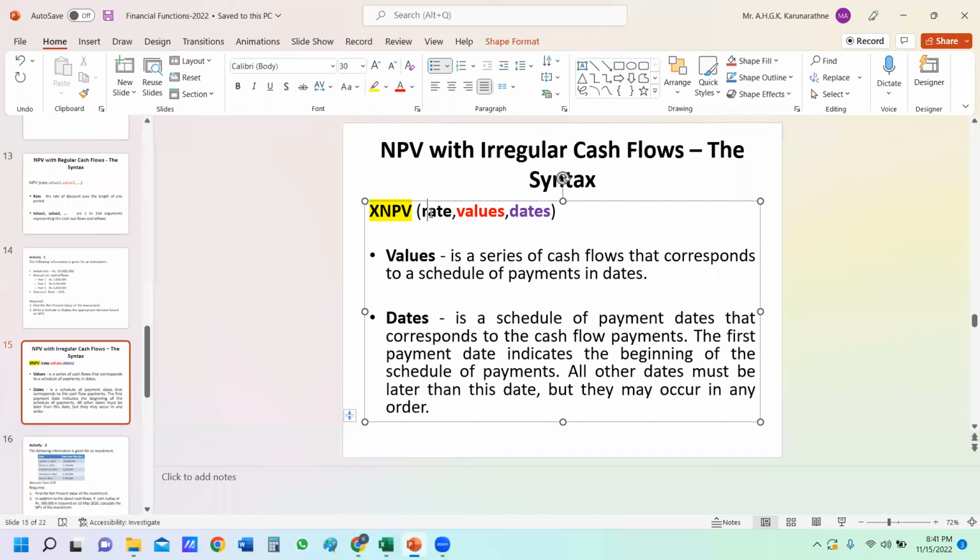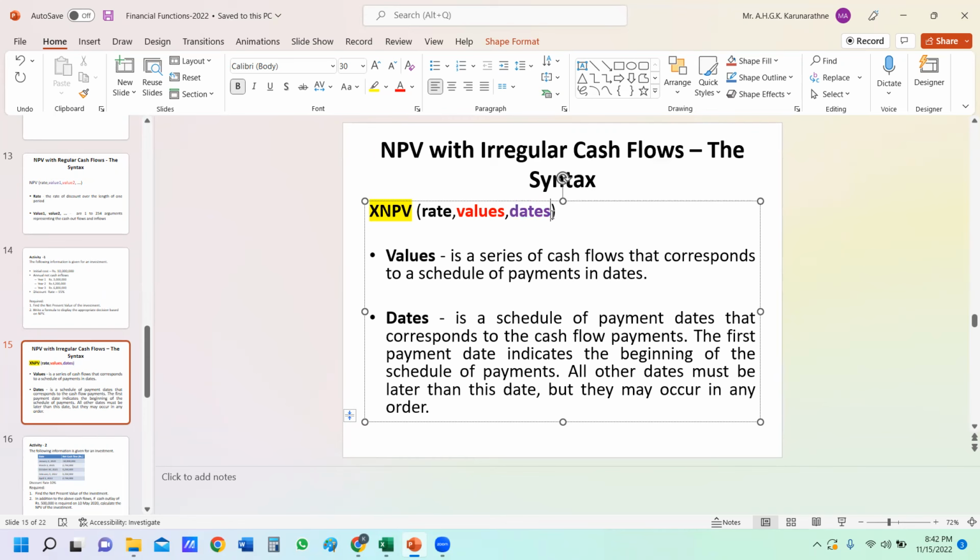Okay, so this is the syntax. These are the variables you have. The rate, as usual, is the cost of capital or discount rate, reflecting the project risk and the required rate of investors. Then the values are the cash flows. And it is very important, you can see here, dates should be provided, the dates on which the cash flows occurred.